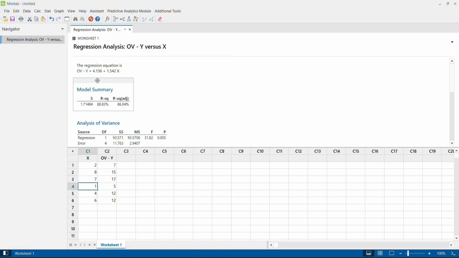So as I told in the introduction, simple linear regression is basically a predictive model which helps you to predict the value of y, your response parameter, through your x. Or in other words, it will help you to know what is the level at which you can maintain your x to achieve a desired value on your y.